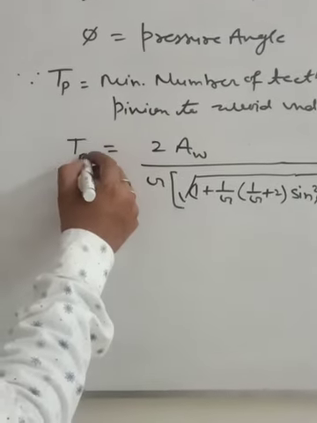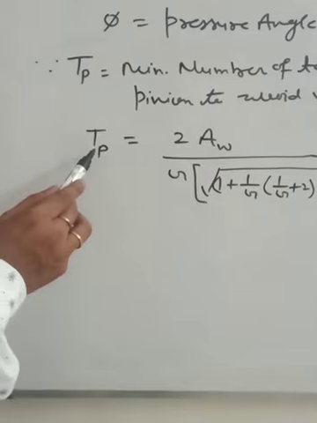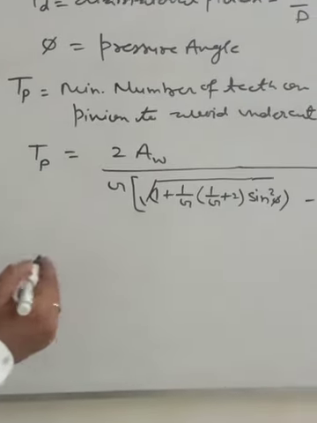This formula is used for finding the minimum number of teeth on pinion to avoid undercutting.